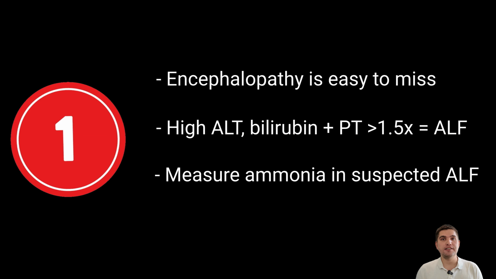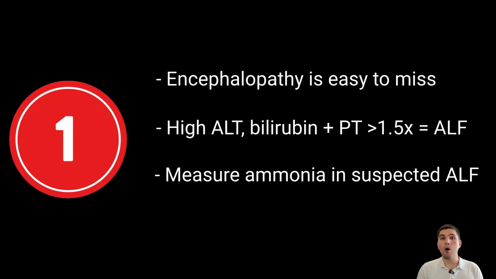Measuring ammonia levels in patients with suspected acute liver failure but relatively normal mentation may help increase your sensitivity in detecting early or subclinical hepatic encephalopathy. So remember, encephalopathy can be subtle or hard to detect in animals.